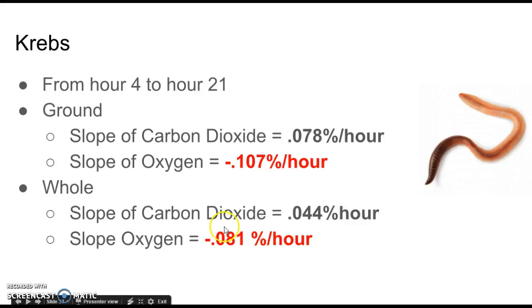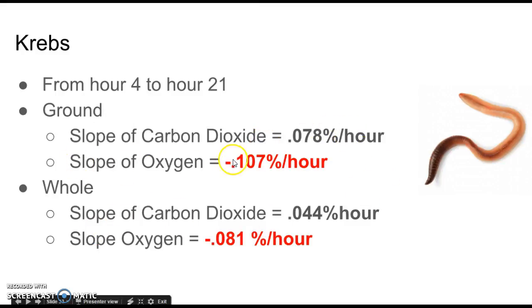What these two would show you is not the ending rates, but the slope, so the rate that it is occurring. The rate that it occurred within the ground one was higher than the whole one. What this would indicate is that the carbon dioxide levels in the ground watermelon biochamber increased at a faster rate.